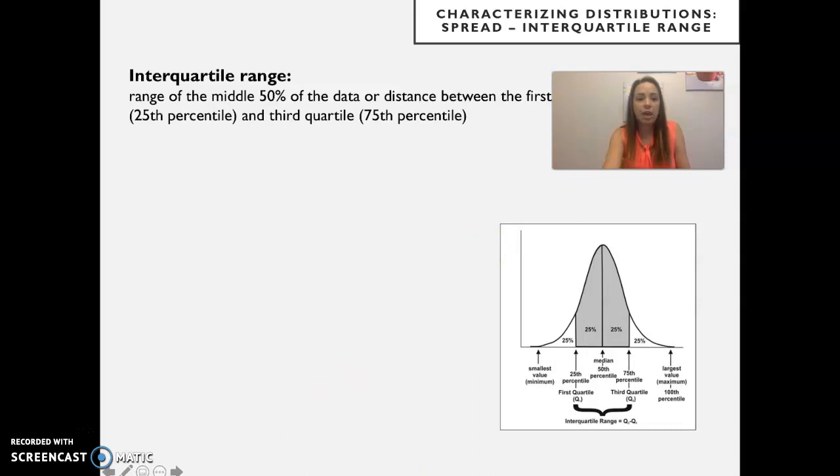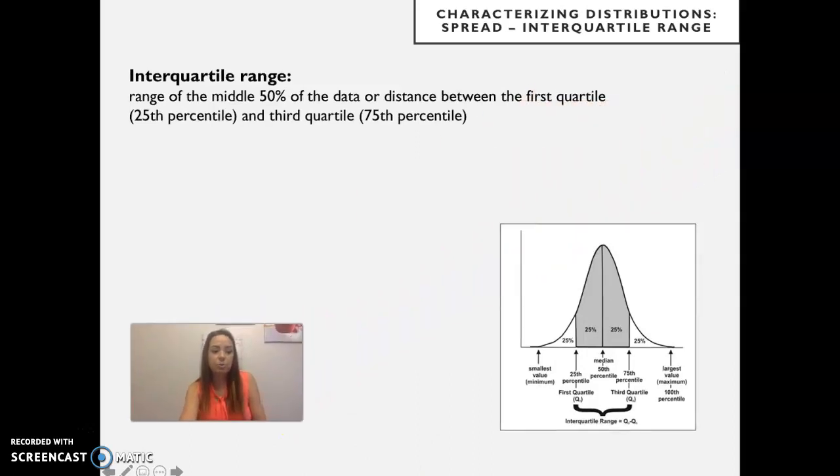Now, the interquartile range is another measure of spread that I told you we can use. And that is the range of the middle 50% of the data, or the distance between the first quartile, 25th percentile, and the third quartile, the 75th percentile. So here's the median. So it's a measure of spread around the median.